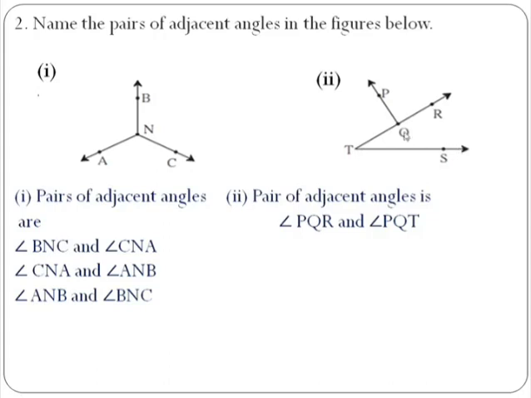Now, if you look at vertex Q, two angles are formed, angle PQR and angle PQT. These two angles have common vertex Q, common arm QP and separate interiors. Therefore, we get here only one pair of adjacent angles, that is angle PQR and angle PQT.